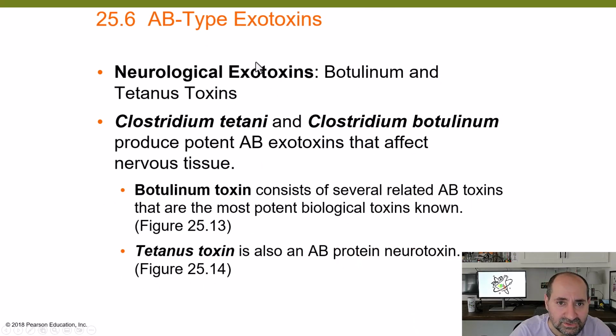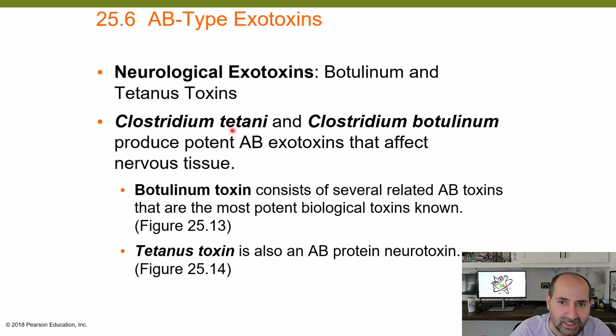Now, let's talk about some other types of exotoxins. These are neurological exotoxins. That means that their activity is on the neurons. The two we'll talk about are botulinum toxin and tetanus toxins.